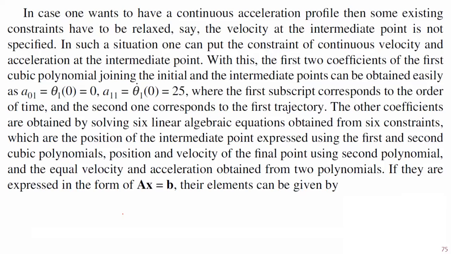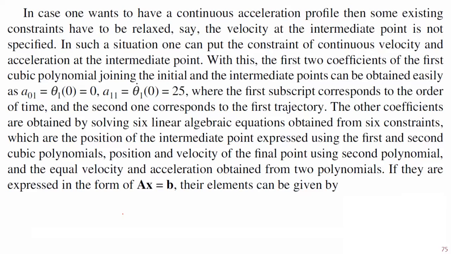The other coefficients are obtained by solving 6 linear algebraic equations obtained from 6 constraints, which are the position of the intermediate point expressed using the first and second cubic polynomials, position and velocity of the final point using the second polynomial, and the equal velocity and acceleration obtained from the two polynomials.